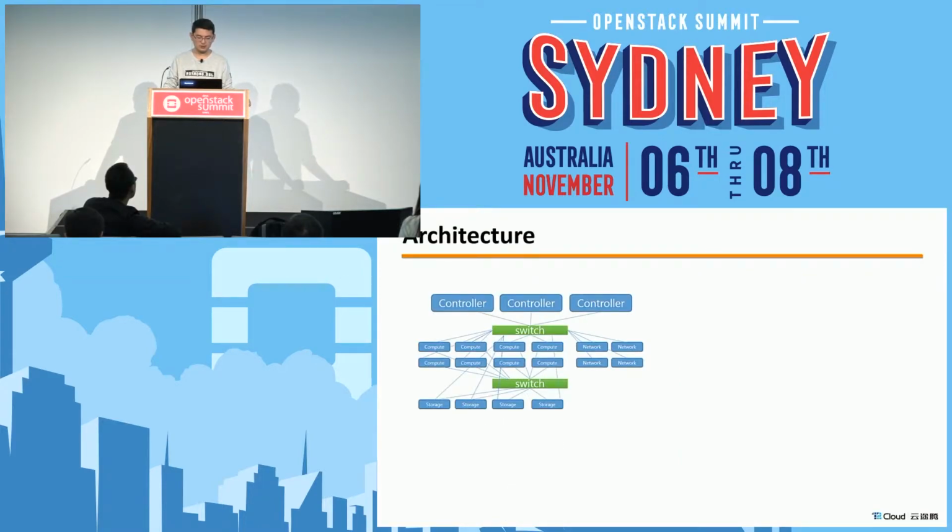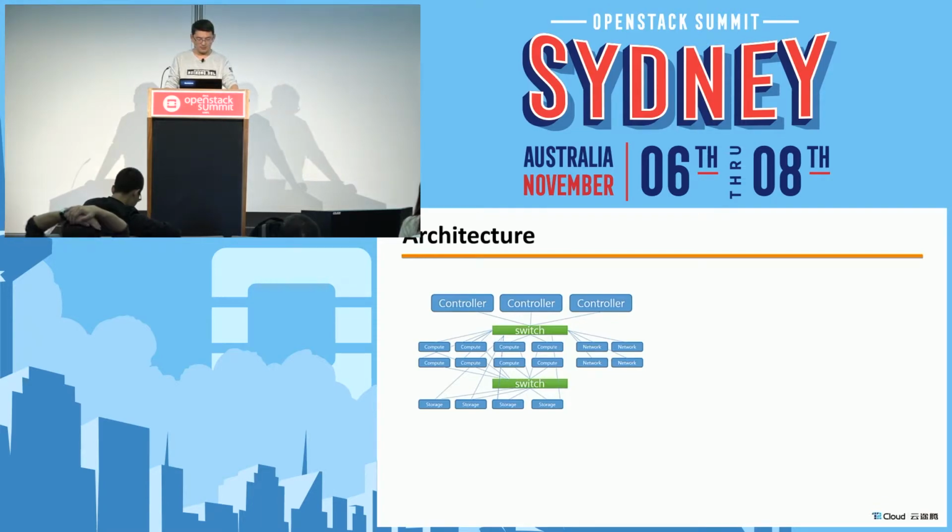This slide shows the logical architecture of this big-scale OpenStack cluster. In the 3 controller nodes, there are Keepalived, HAProxy, RabbitMQ, MySQL, and OpenStack API servers. 3 controller nodes could provide high availability. All the other nodes talk to the master of the 3 controllers.